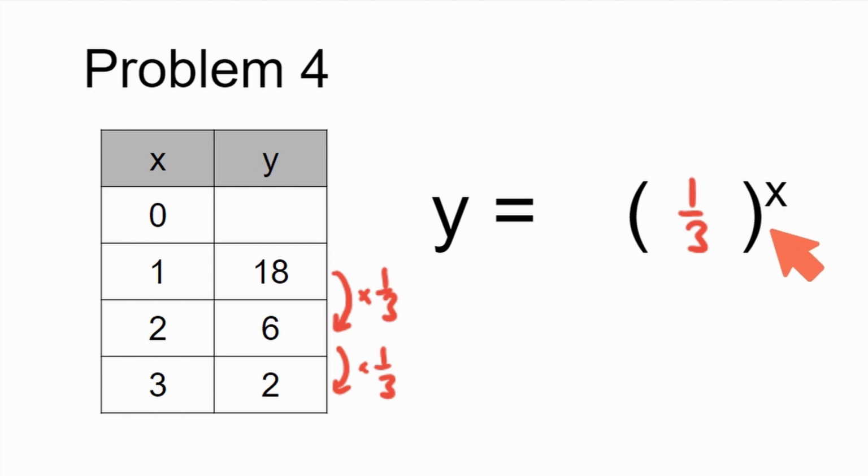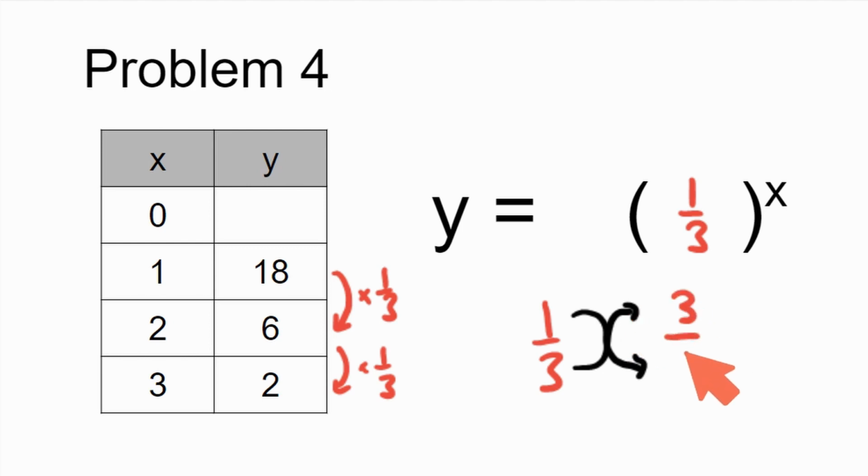Exponent means repeated multiplication. Now moving down, if I'm multiplying by a third, how can I go backwards? How can I move back up the table? We can think of moving backwards as multiplying by our reciprocal. So if we know that our growth factor is 1/3, inverting our numerator and denominator, we see that to go backwards, we can multiply by times 3.